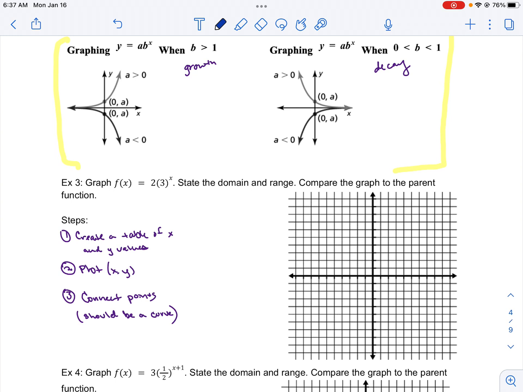Okay, so what does that actually mean? So when you're picking values, you want to pick a negative, you want to pick 0, and you want to pick a positive. I would go with 5 points so you can truly see that curve.